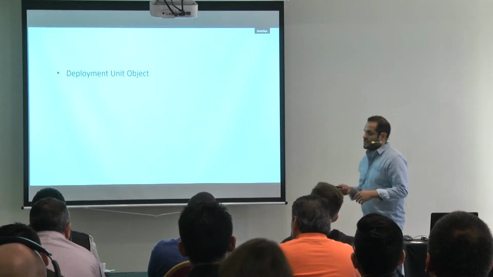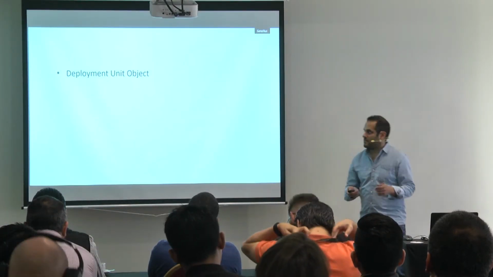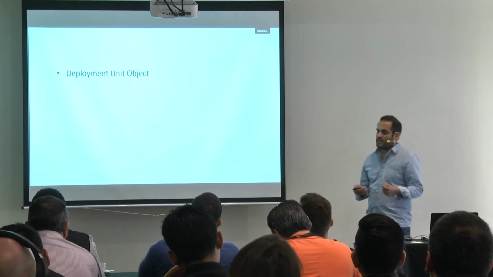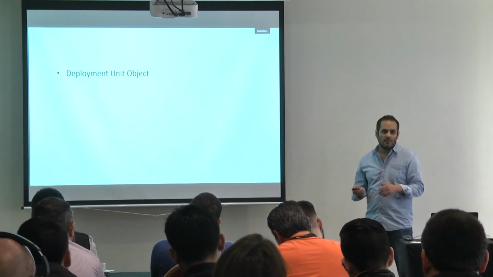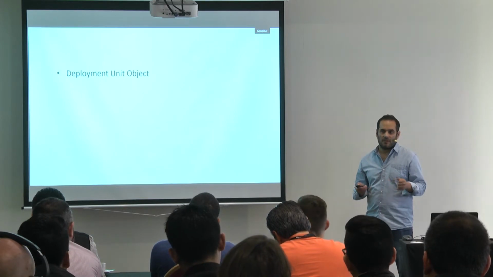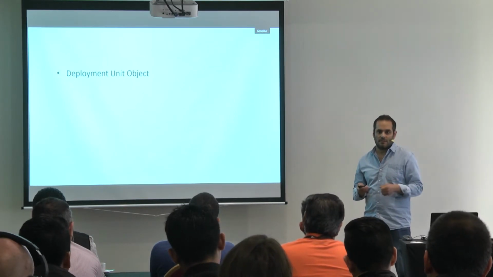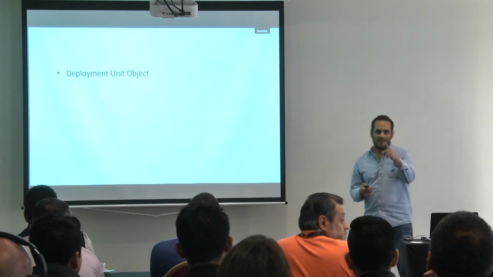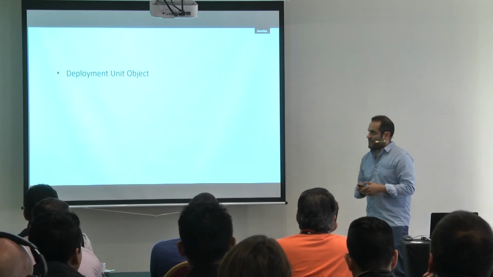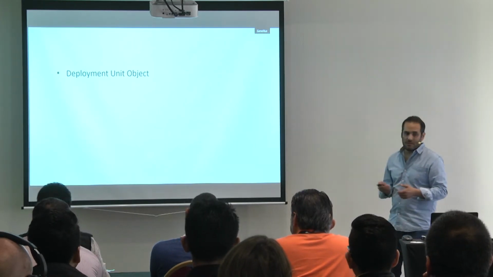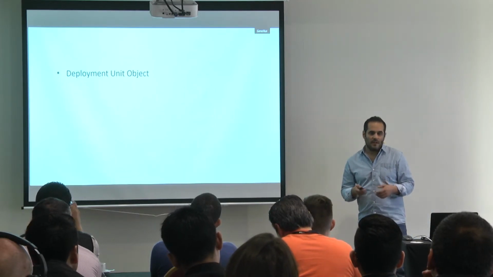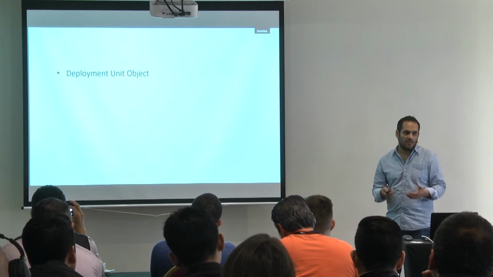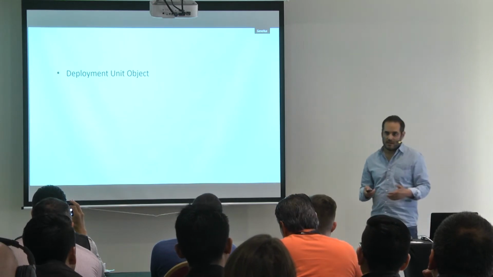GeneXus offers three things. On the one hand, we have the deployment unit object. Before everything, is anyone using deployment as a tool? Yes, you are. Sebas? Yes. So we have the deployment unit object, which is an object of our KB, where we'll indicate what it is that we're going to deploy.